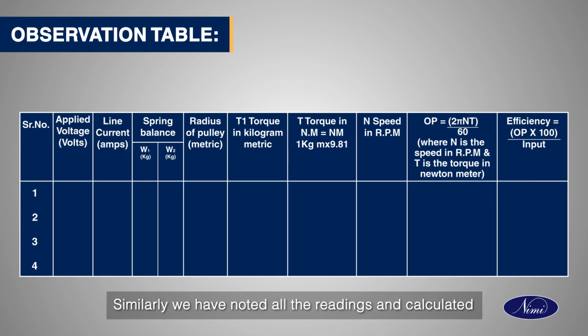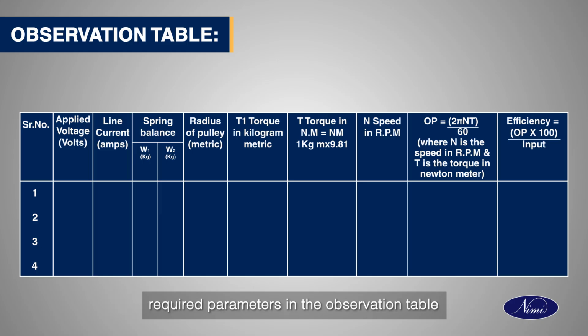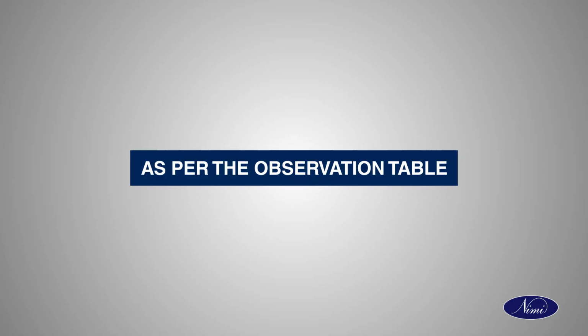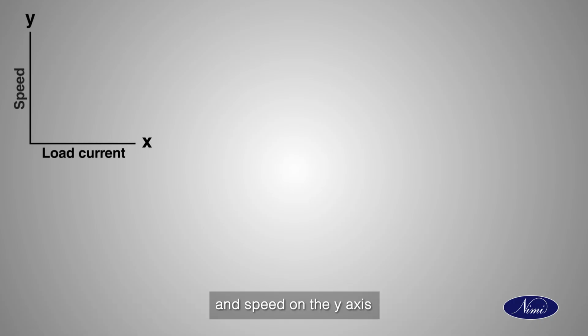Observation table. Similarly, we have noted all the readings and calculated required parameters in the observation table. Graph. As per the observation table, A. Draw the speed load curve, keeping the load current on the x-axis and speed on the y-axis.